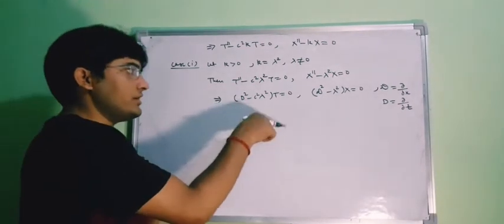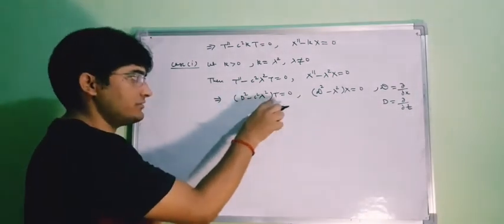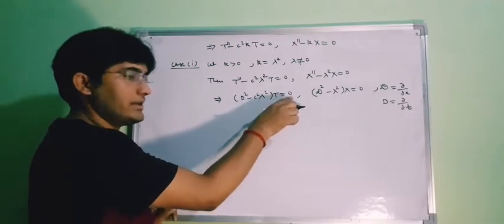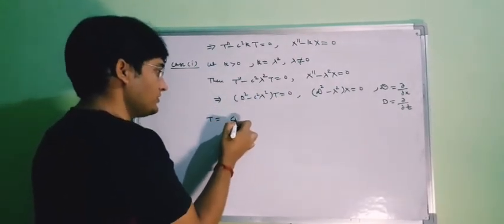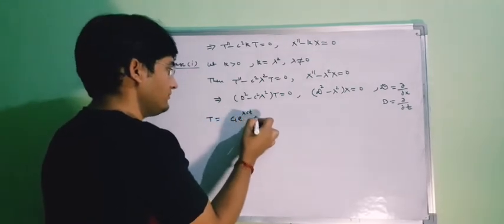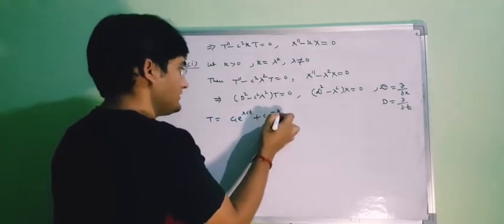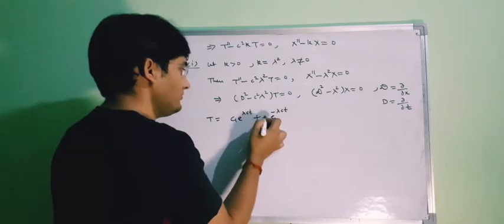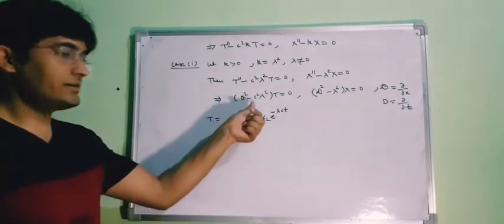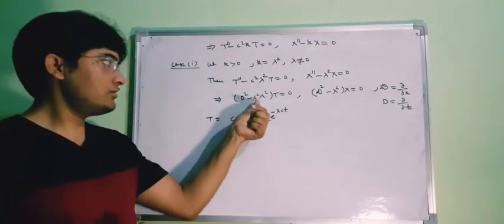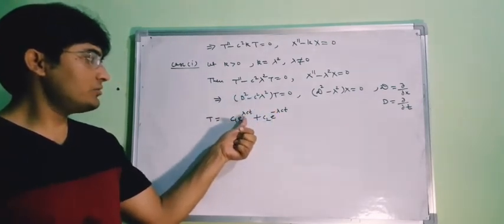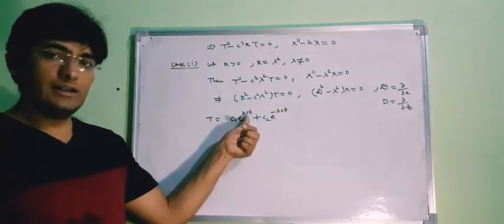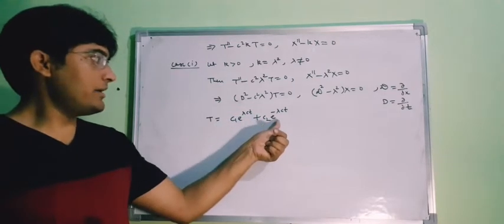Now as the roots are distinct, and the right hand side is 0, our T will be C1 e^(λct) plus C2 e^(−λct).